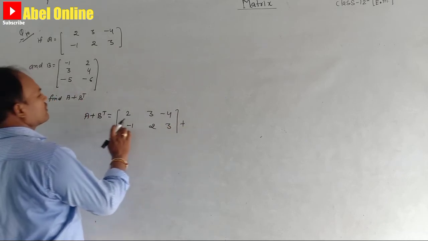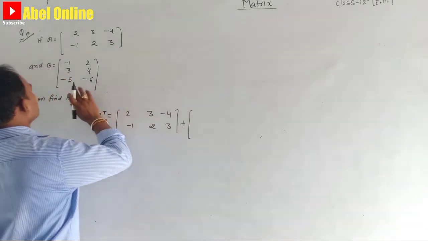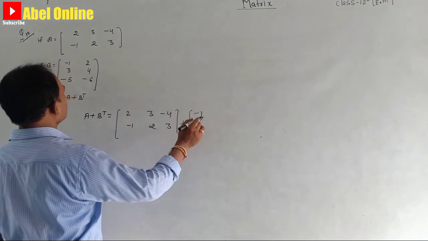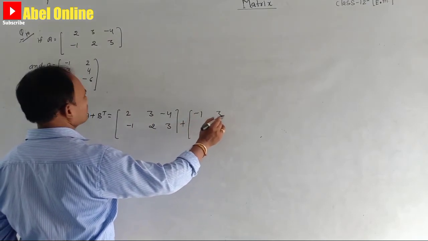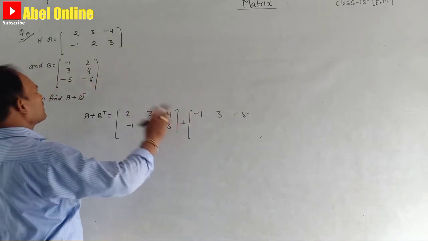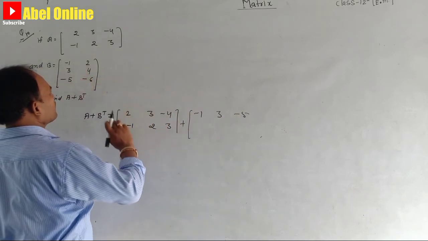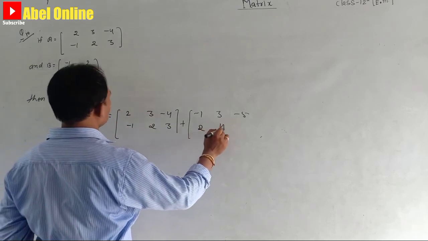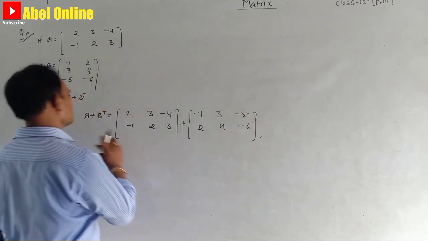Just convert columns to rows: -1 3 -5 and 2 4 -6. This is A plus B transpose.